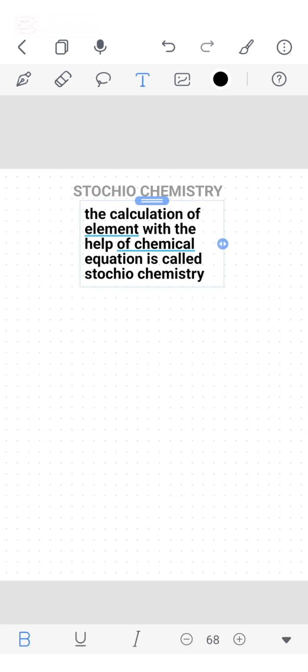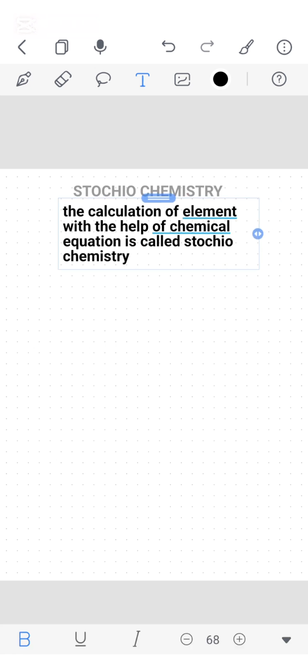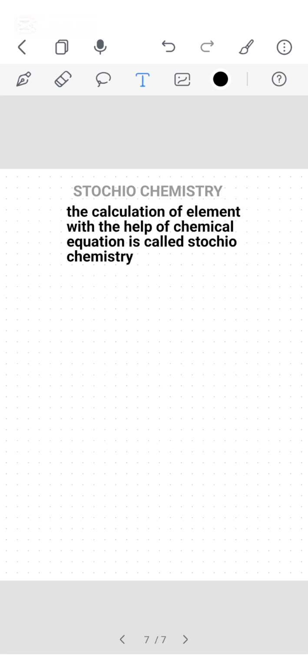I can make it a bit bigger. So what is the definition? The calculation of elements which is done with the help of a chemical equation is called stoichiochemistry. Whatever calculations of the elements we have done are all with the help of chemical equations, so that is simply called stoichiochemistry.